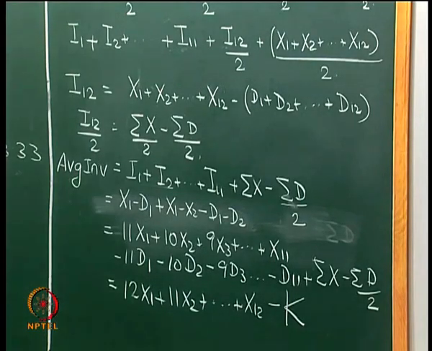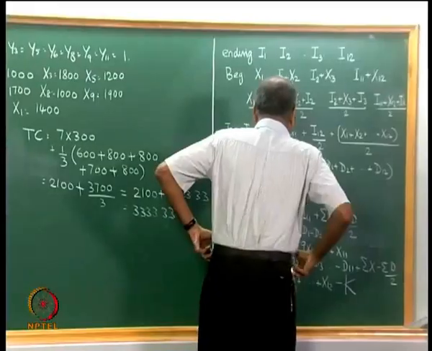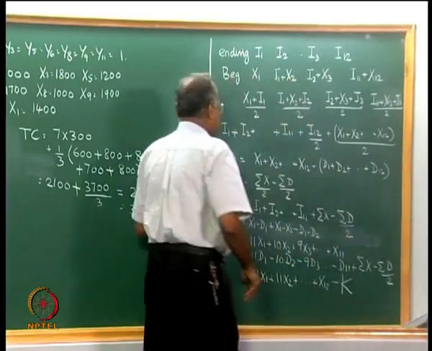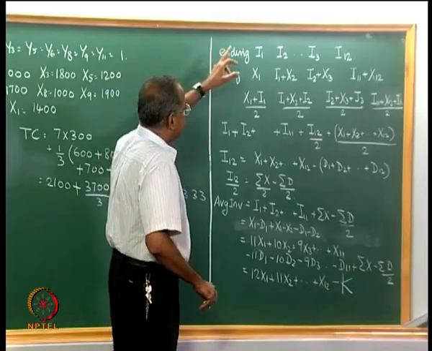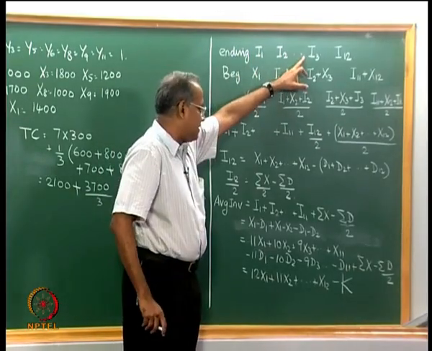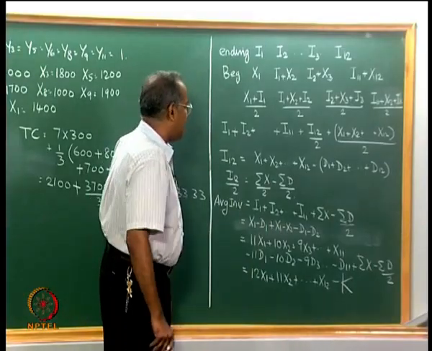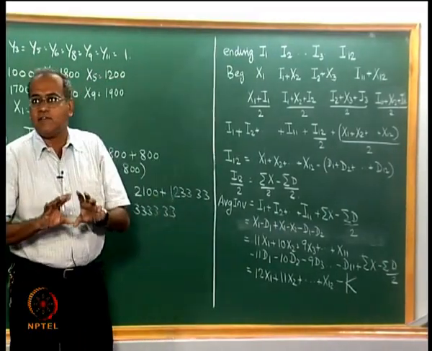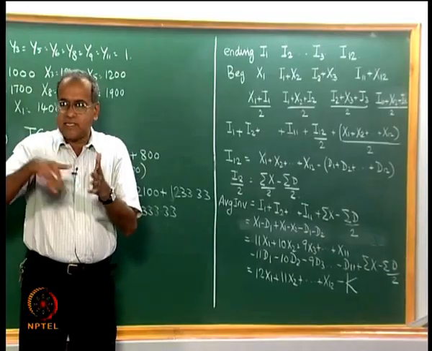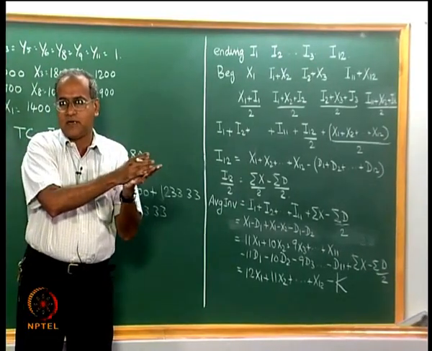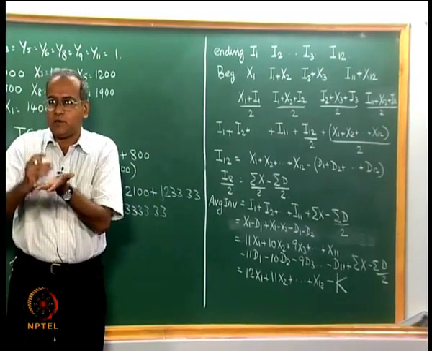The reason perhaps is that initially we started with ending inventories as I1 plus I2 plus I3 up to I12. Now ordinarily I12 will be 0, because the beginning inventory is 0 and pushing an I12 will lead to higher cost.